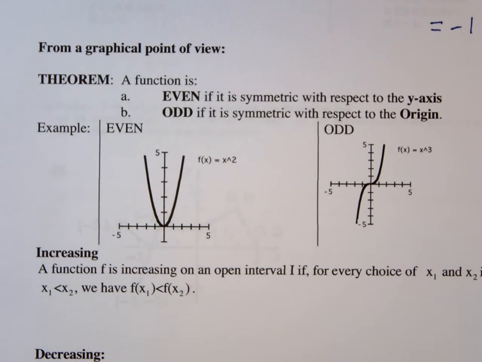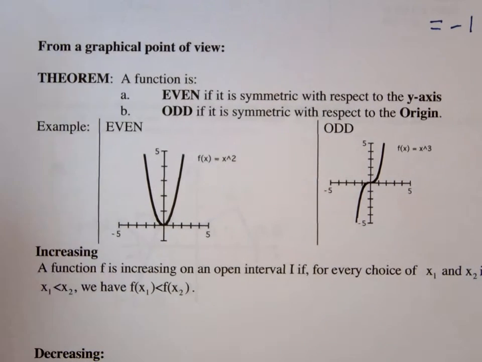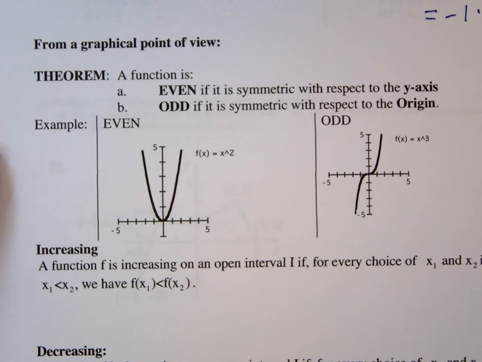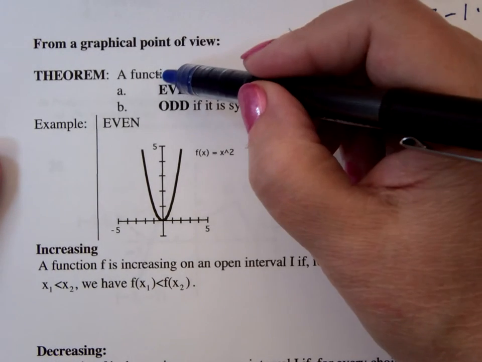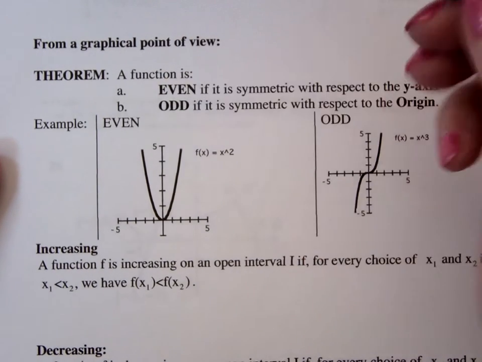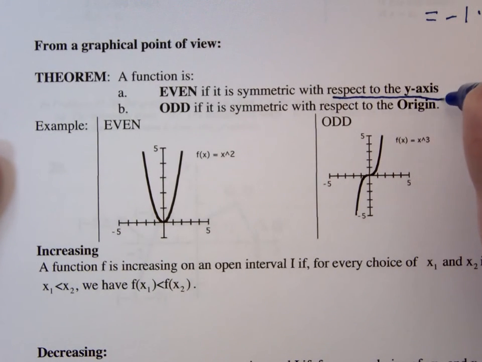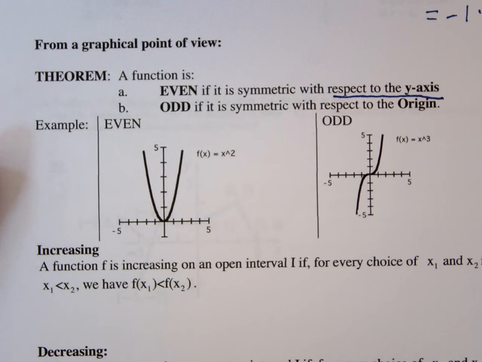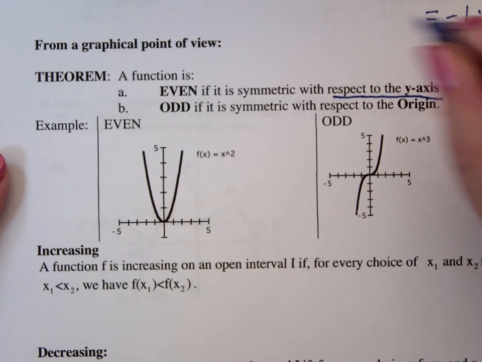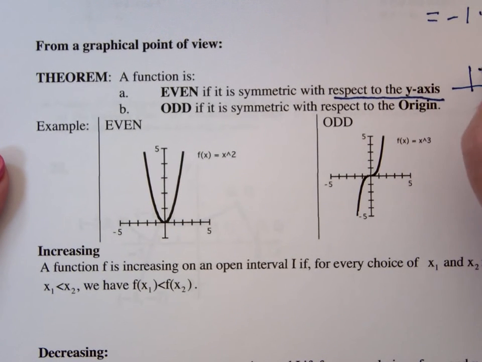Our first theorem, woohoo! From a graphical point of view, theorem. A function is even if it is symmetric with respect to the y-axis. That should make sense, right? Y-axis symmetry. That's x.